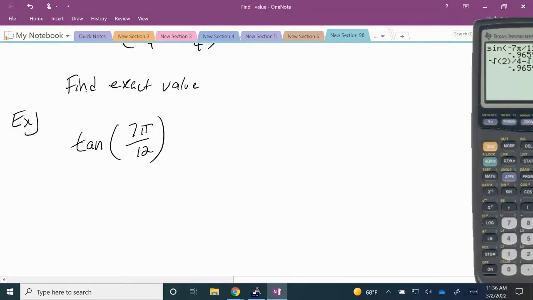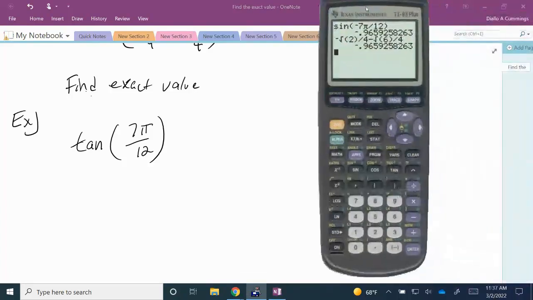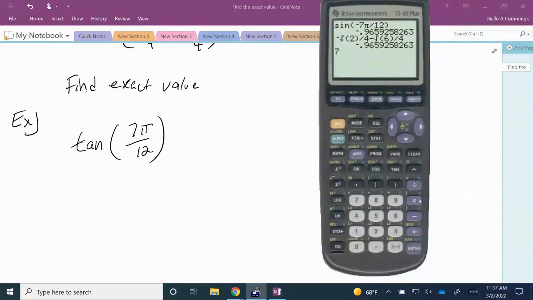Based on the previous problem, if we were to convert that 7 pi over 12 to a degree measure, we would get 105 degrees. Once again, it's just 7 times 180 divided by 12. Notice that's the same 105 degrees.